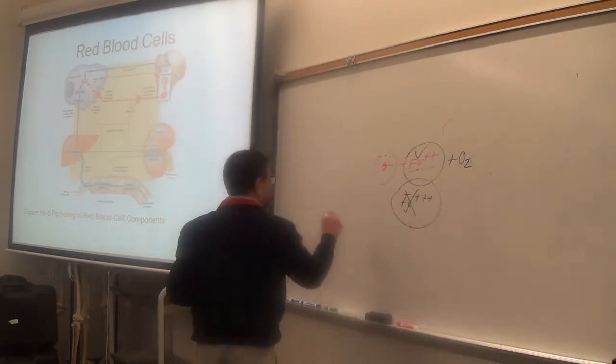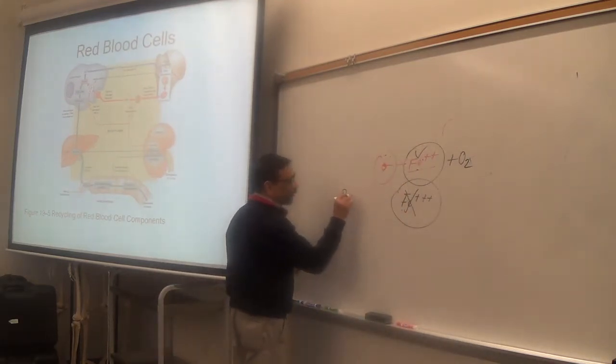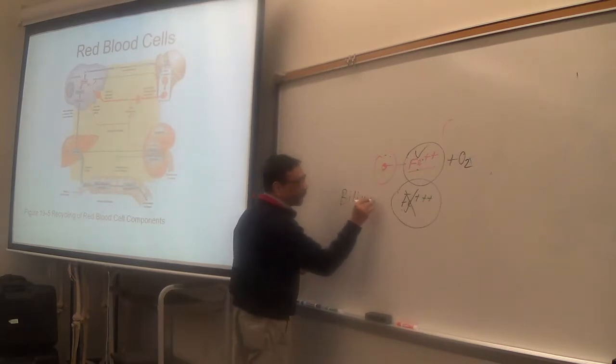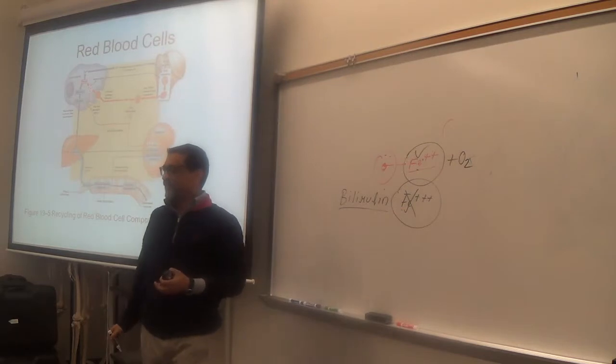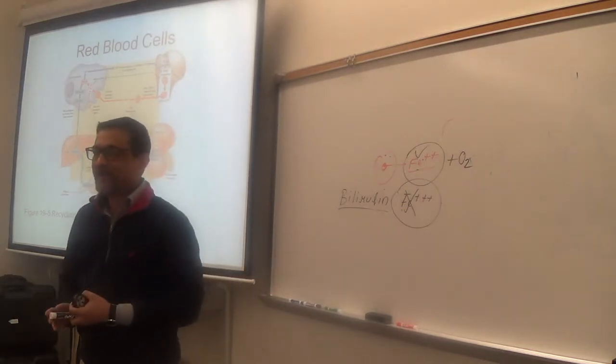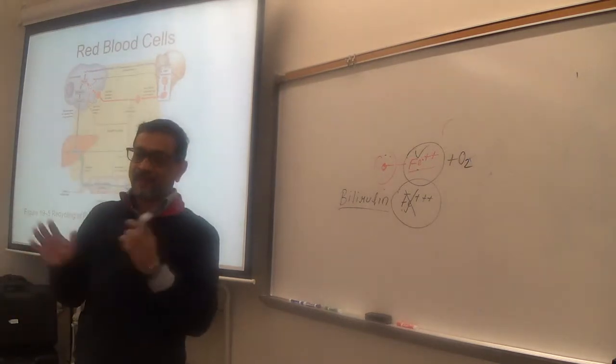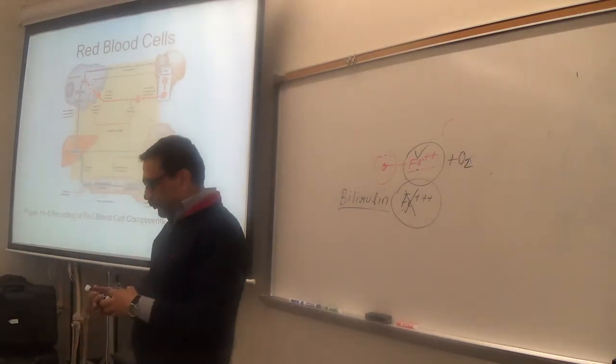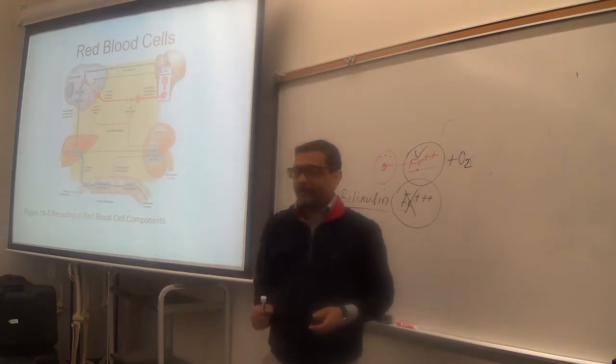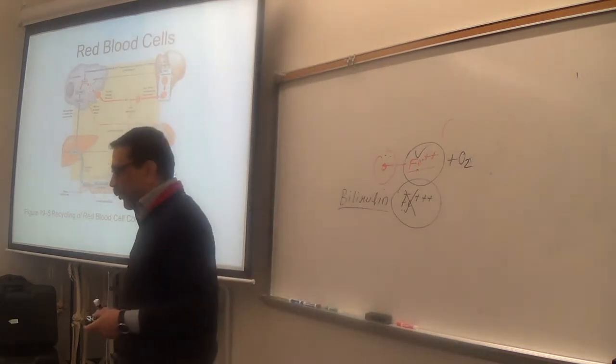Have you heard bilirubin? Yes. Okay. What's the color? You should know. Yellow. That causes what? Jaundice. Is it clear? So, the bilirubin will be produced.